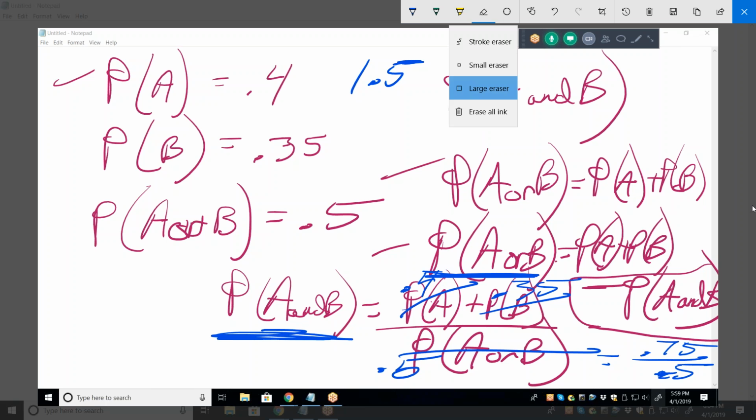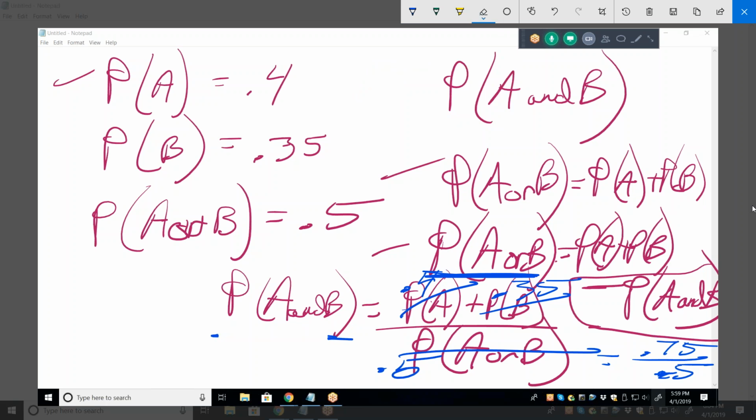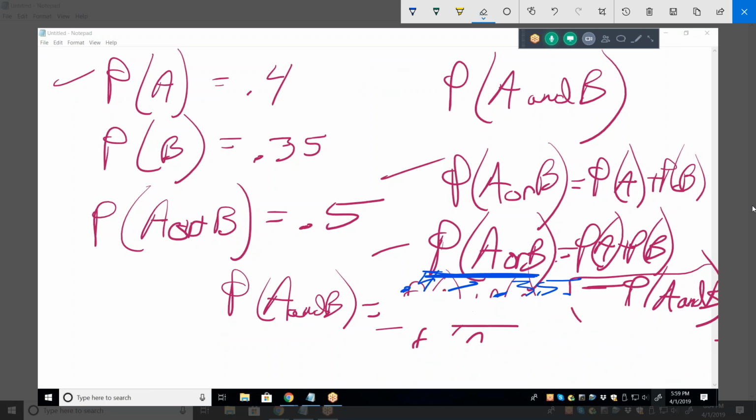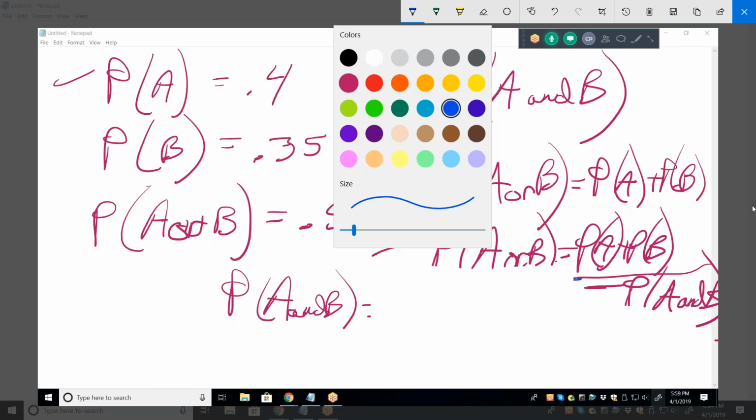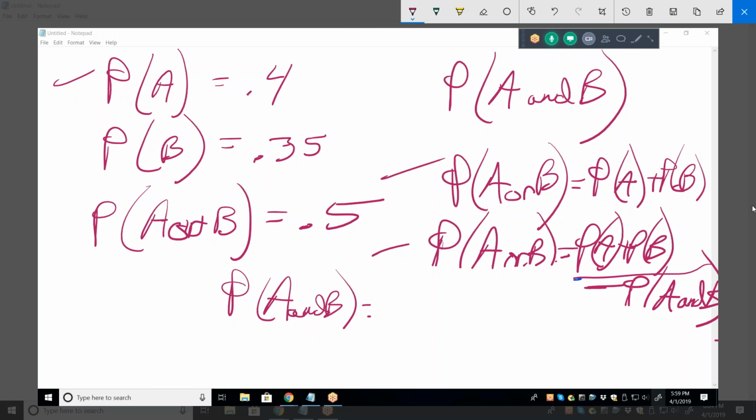Here's an excellent example of a ballpark check. In other words, the probability came out to be greater than 1. That can't be. See this equation on the lower right? Well, if I add the probability of A plus B, that puts it on the left. But then I have to subtract.